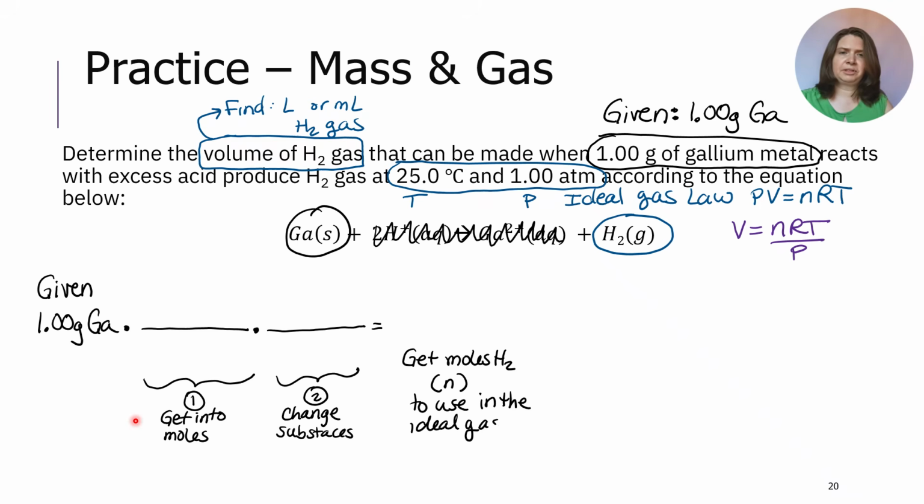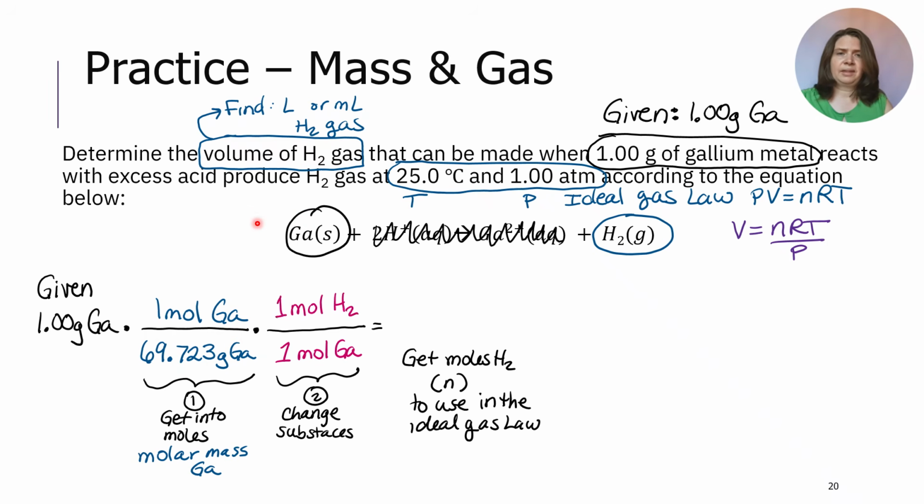And we will convert from grams of gallium into moles of gallium using its molar mass. 1 mole of gallium has a mass of 69.723 grams. Next, we use the balanced chemical equation. 1 mole of gallium produces 1 mole of hydrogen gas. This gives 0.01434 moles of hydrogen gas.